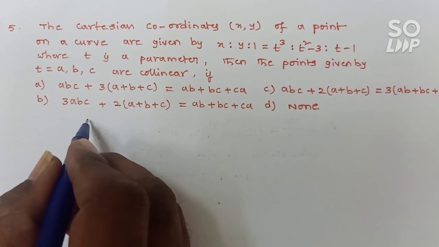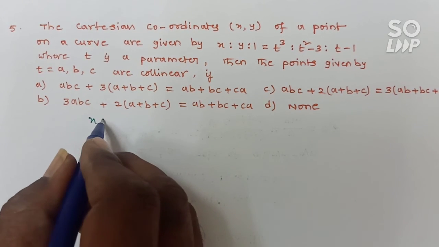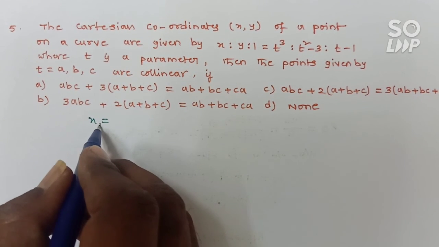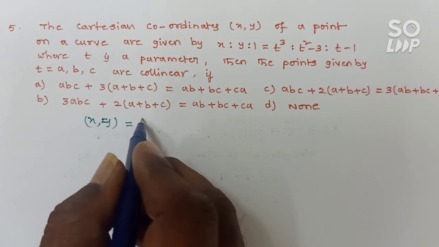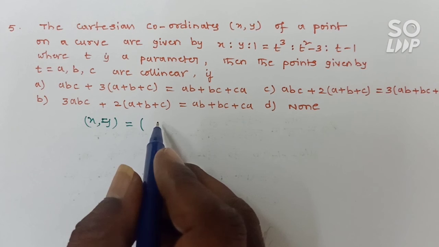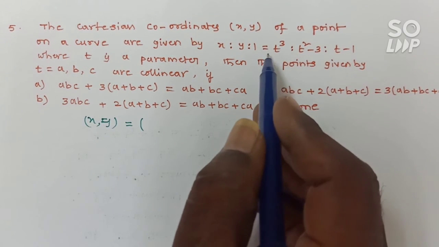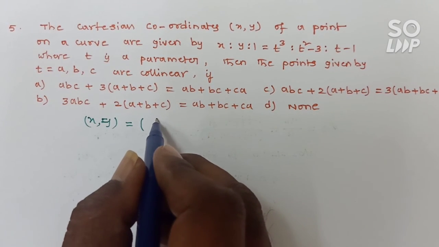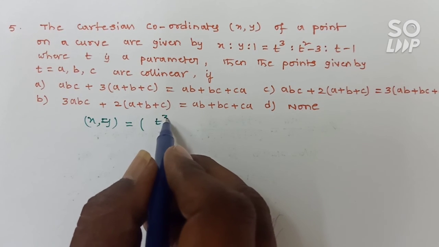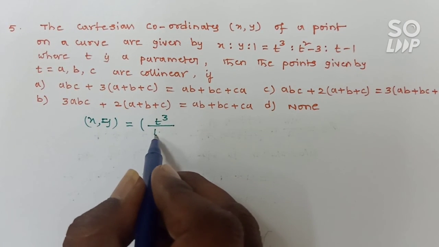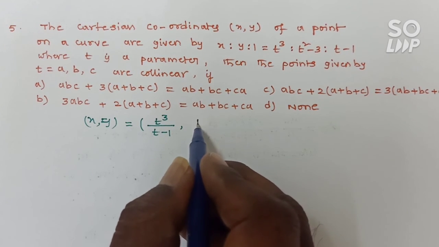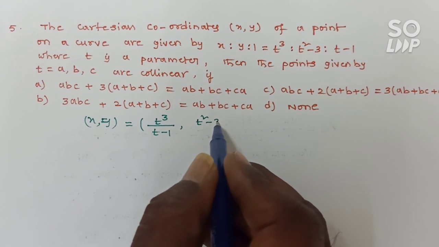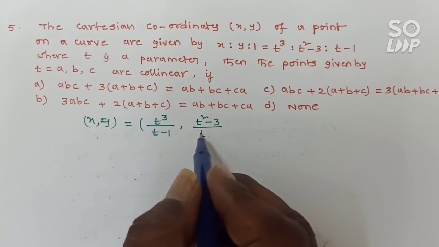So from this one we can write x comma y directly: x is t cube whole divided by t minus 1, that is the x value. The y value is t square minus 3 whole divided by t minus 1.